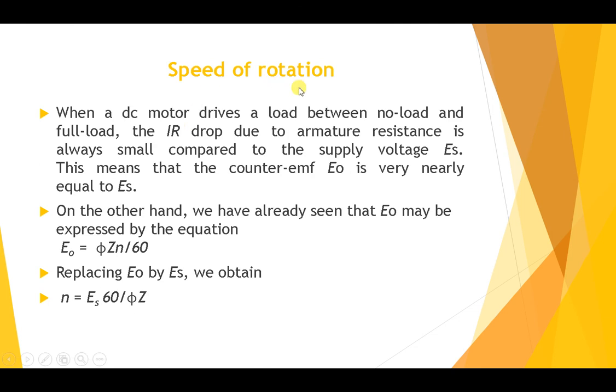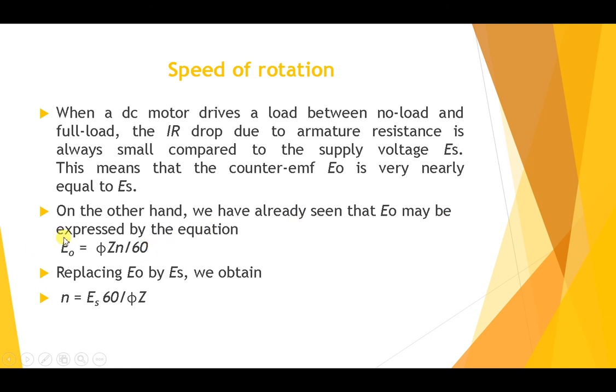Now speed of rotation. When a DC motor drives a load between no load and full load, the IR drop due to armature resistance is always small compared to the supply voltage Es. This means that the counter EMF is nearly equal to the supply voltage. On the other hand, we have already seen that E naught, or voltage at no load, may be expressed by this equation.